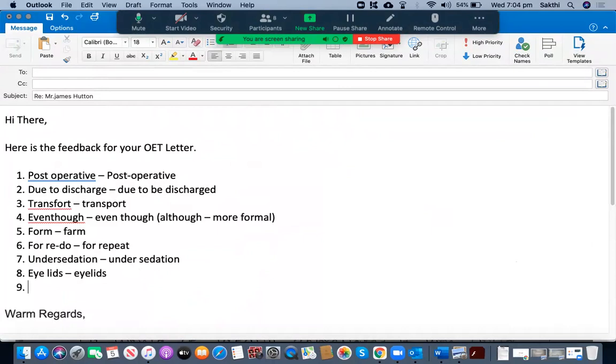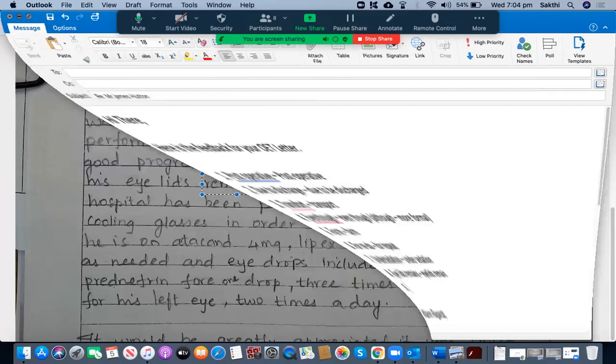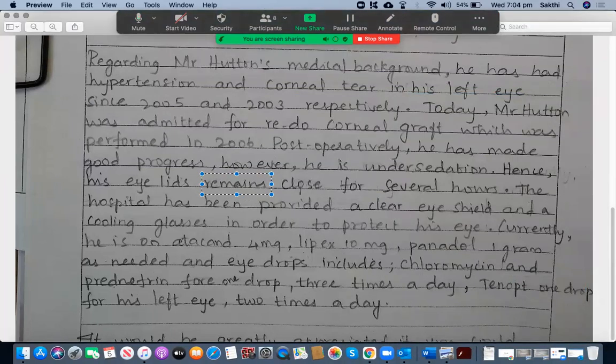So what you should have done is eyelids remains, that's wrong. Eyelids remain. With the singular noun only, you have to use verb plus s. With the plural noun, that's verb only. Remain. His eyelids remain closed.